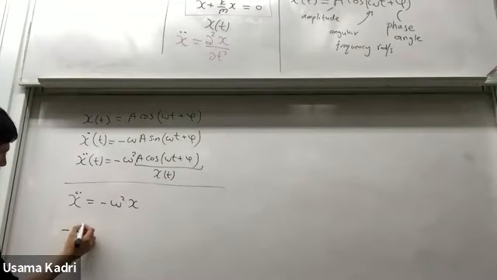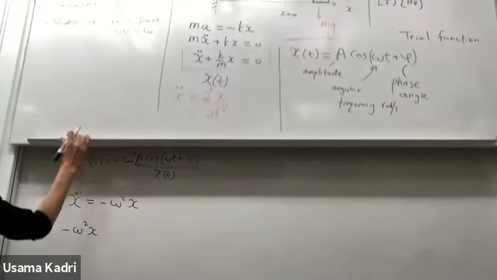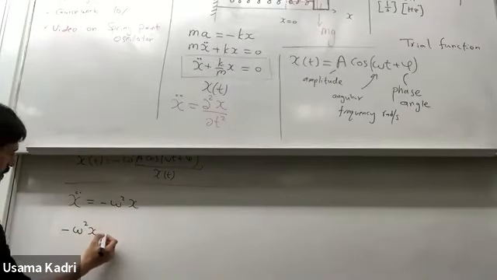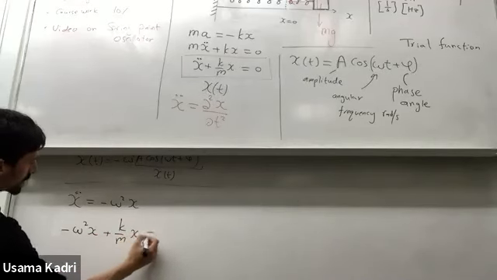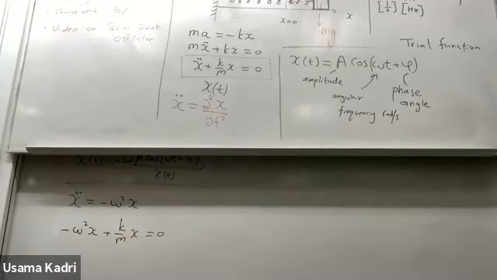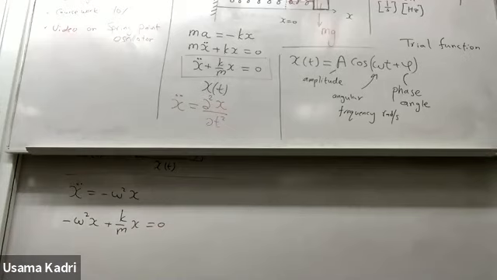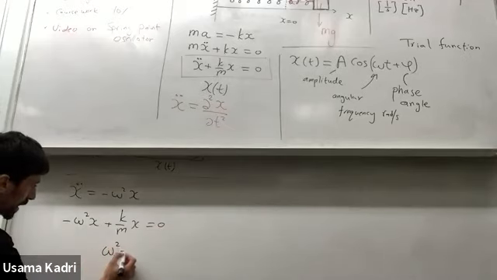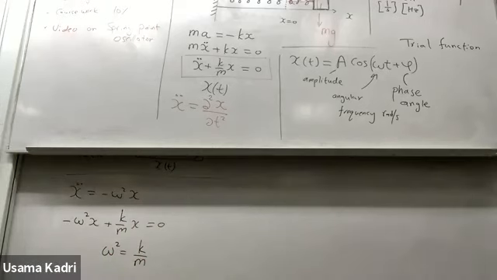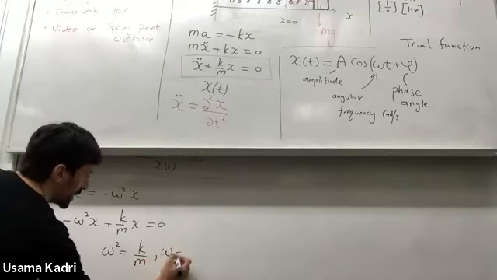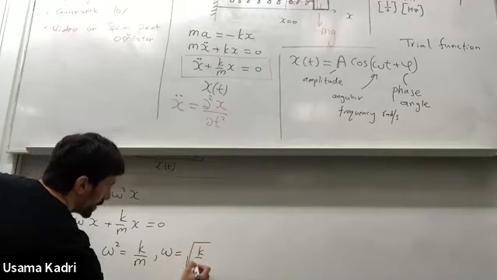So we have minus omega squared x plus k over m times x equals 0. So for the trial function to be satisfied, omega squared has to be equal to k over m, or omega equals the square root of k over m.